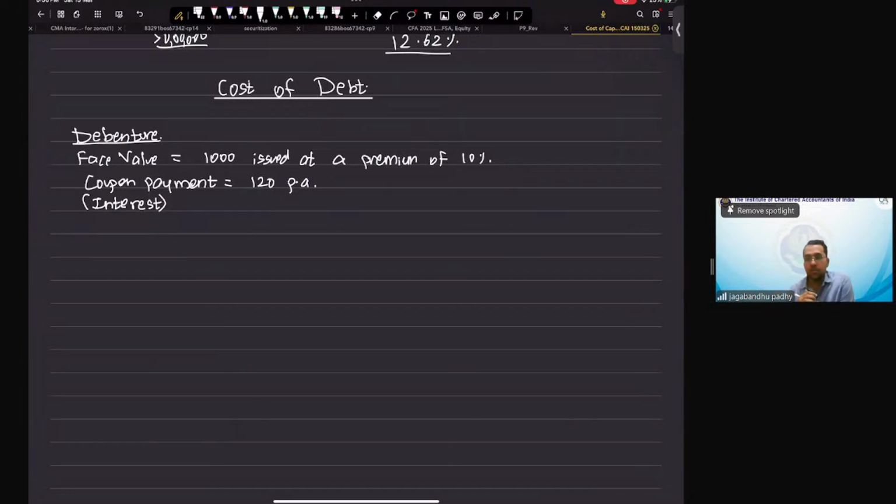Interest or coupon payment is amounting to 120 per annum. And we are saying that this particular debenture is an irredeemable debenture.